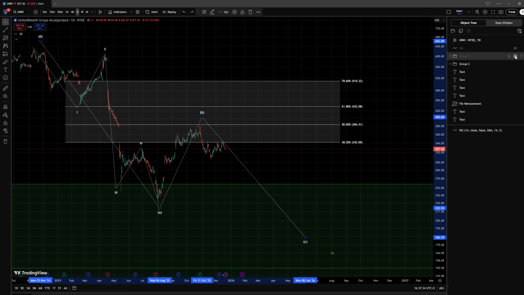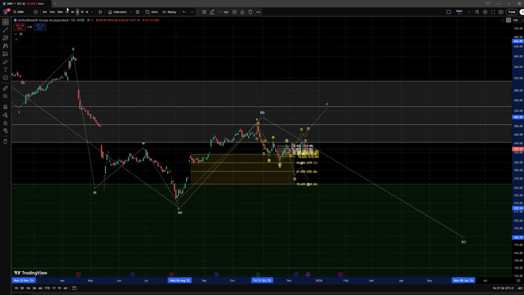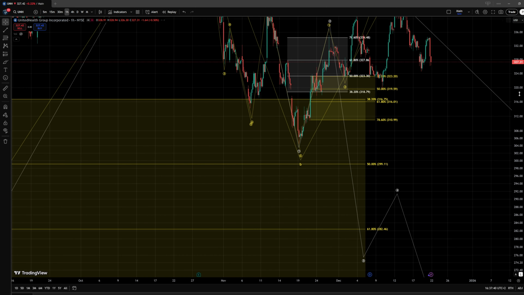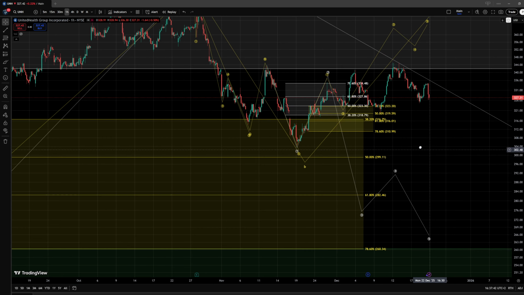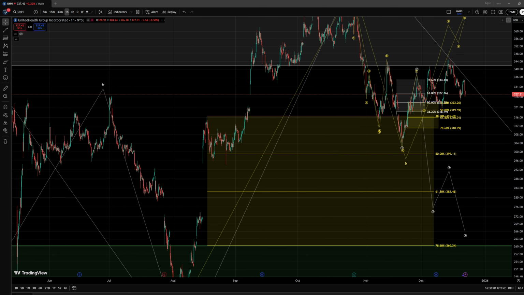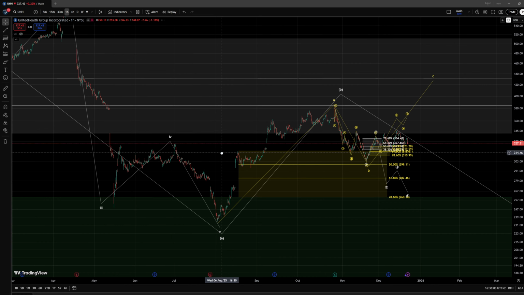Now in this interpretation we have been looking for this idea in yellow, and we have this area of support to be tracking for the larger wave B between the $316.7 level all the way down to the $260 level at the 78.6% retracement. And this is basically a reverse of the scenario we are tracking on the larger time frame in white.